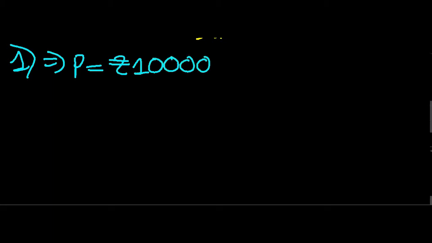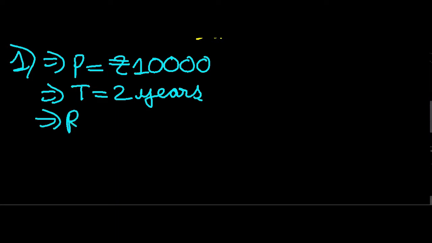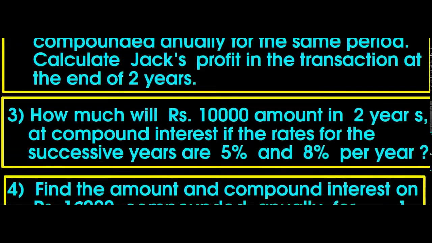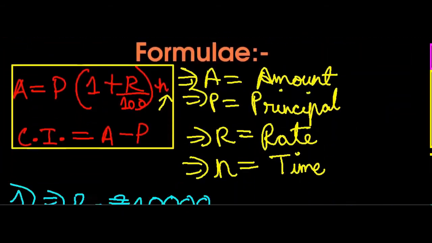First, we will write P, which is the principal, and it is equal to rupees 10,000. And time is equal to 2 years. So friends, R is equal to 5% per annum, T is equal to 2 years, and principal is equal to rupees 10,000.